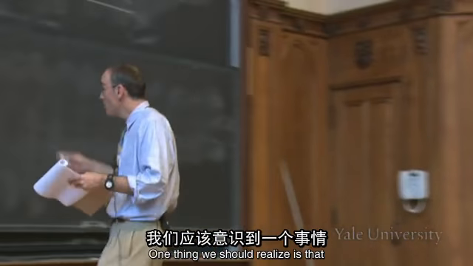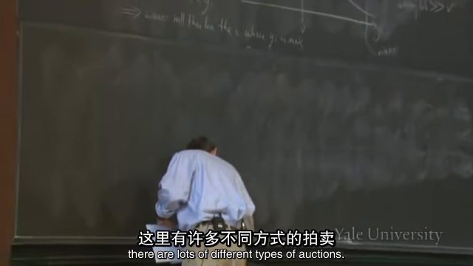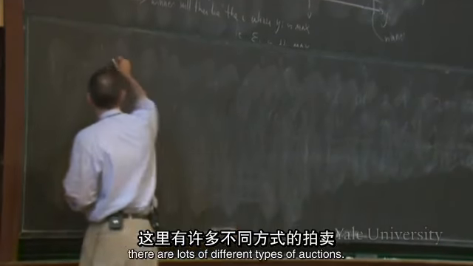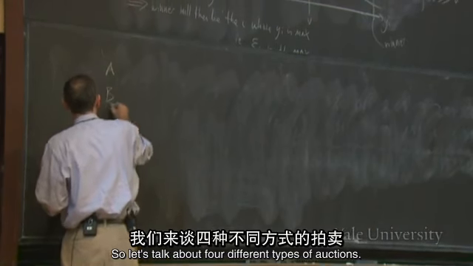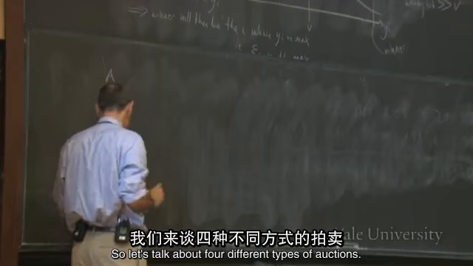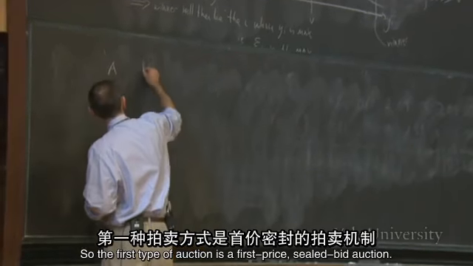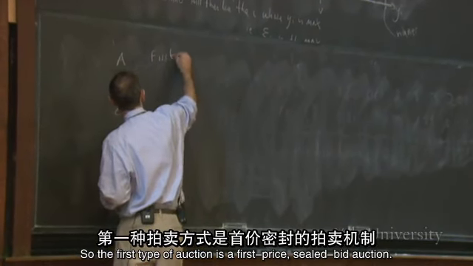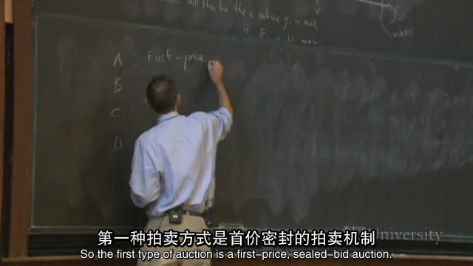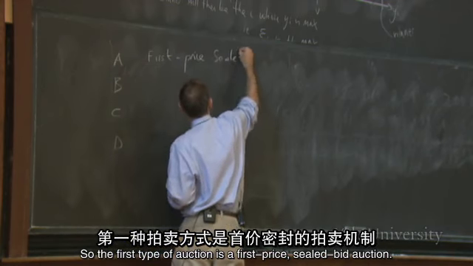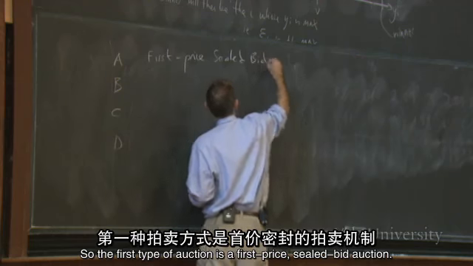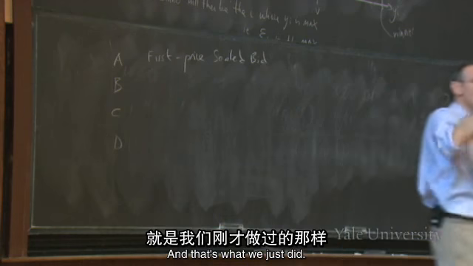And one thing we should realize is that there are lots of different types of auction. So let's talk about 4 different types of auction. Let's call them A, B, C, and D. The first type of auction is a first price sealed bid auction. And that's what we just did.